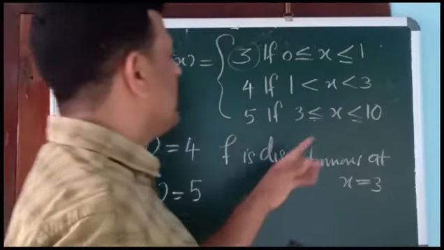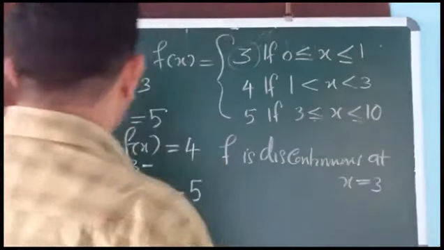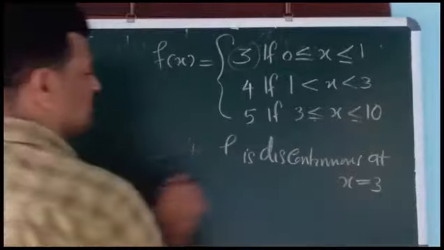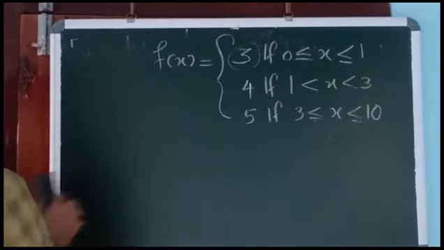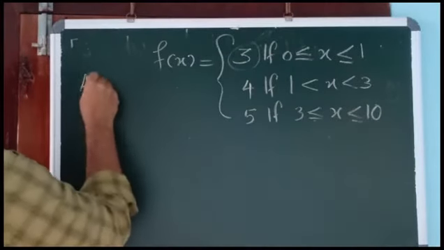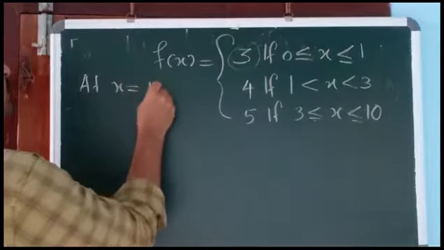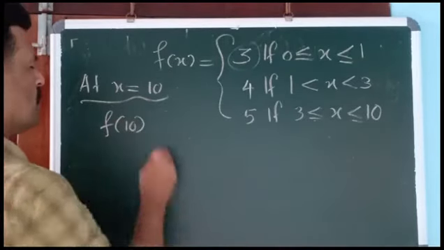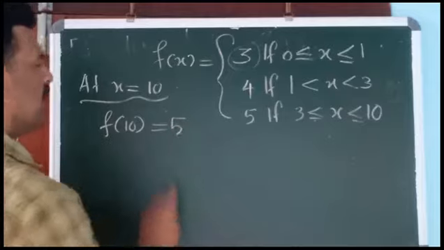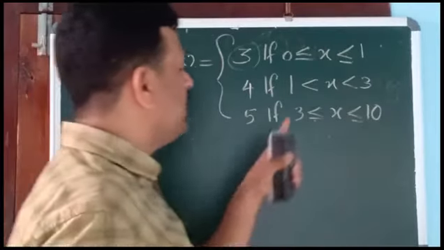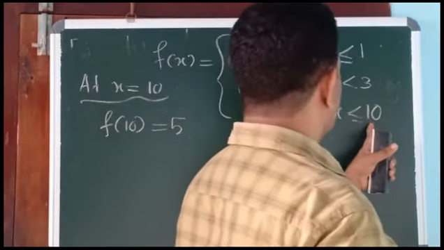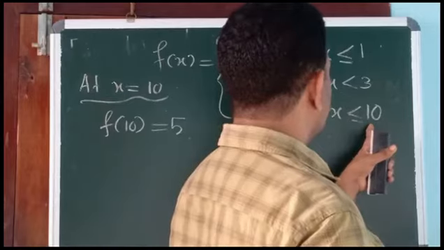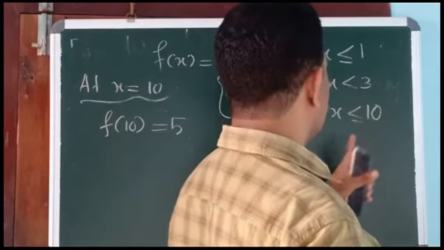Now we have to examine the continuity at x equal to 10. Here we have to remember one thing. At x equal to 10, the value of the function f of 10 is equal to 5. This is the end point of the closed interval [0, 10]. Therefore, there is no need of finding the right limit. We have to find only the left limit.